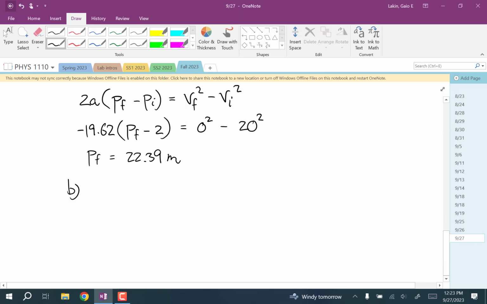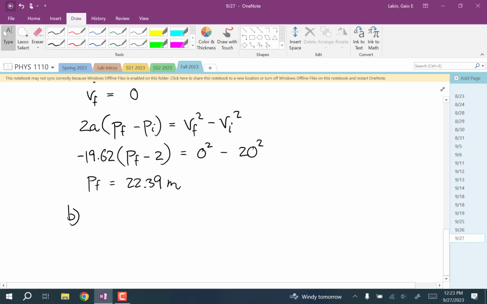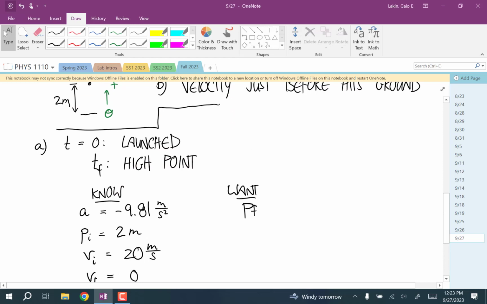And then for part B, this is a real physics concept. It says we're trying to calculate the velocity right before it hits the ground. Well, the instant that it hits the ground is not either one of these times that we chose for part A. So you have to re-choose either your time equals 0 or your time final.